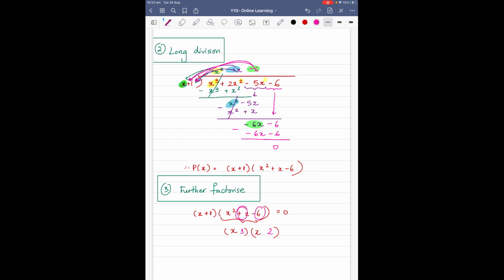You want a positive 1. So positive 3 minus 2 gives you positive 1. So if I was to rewrite my factorized form, (x plus 1)(x plus 3)(x minus 2) equals 0. Okay, so this here is the factorized form of the polynomial.